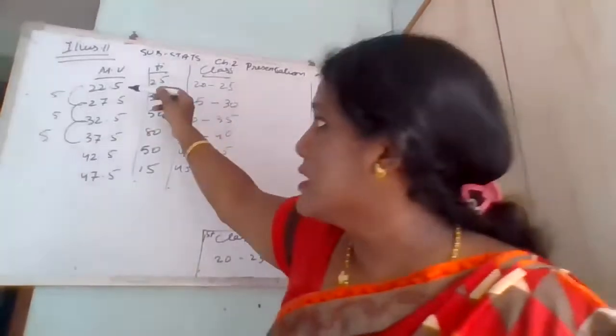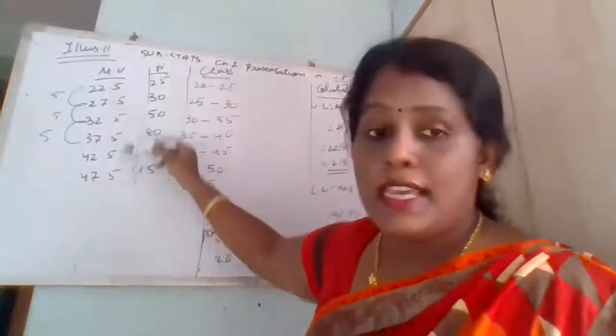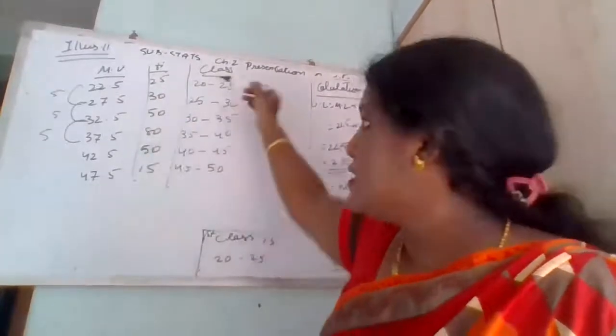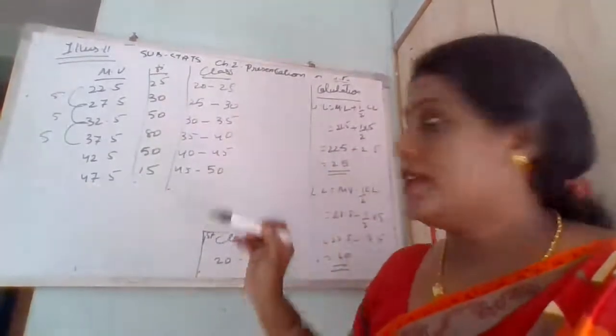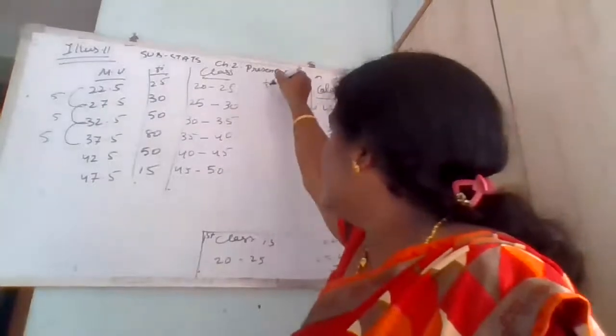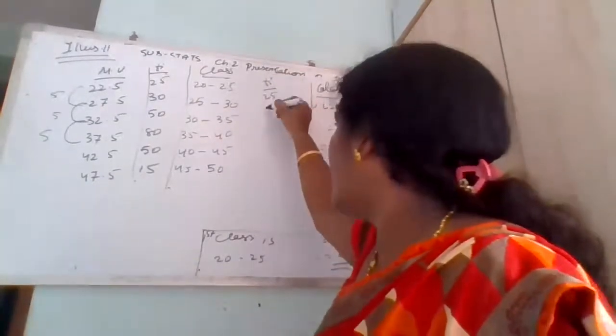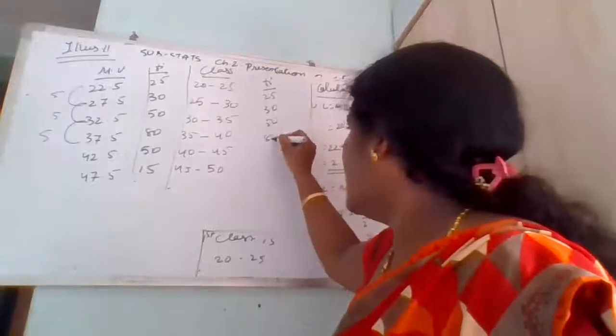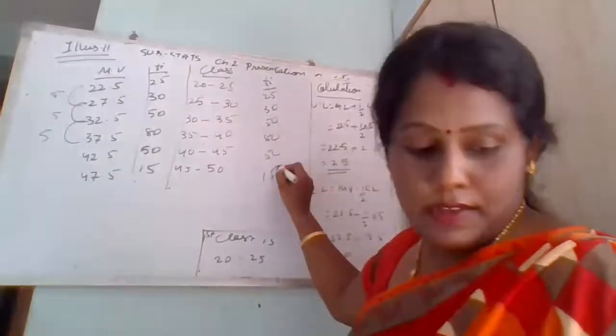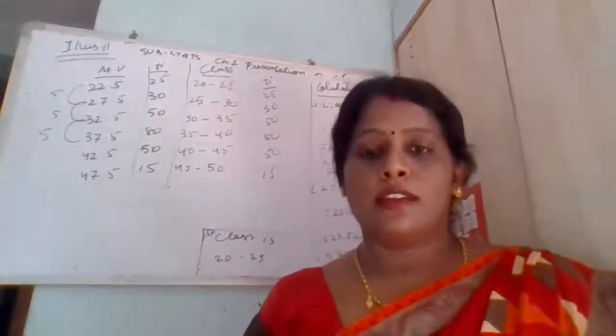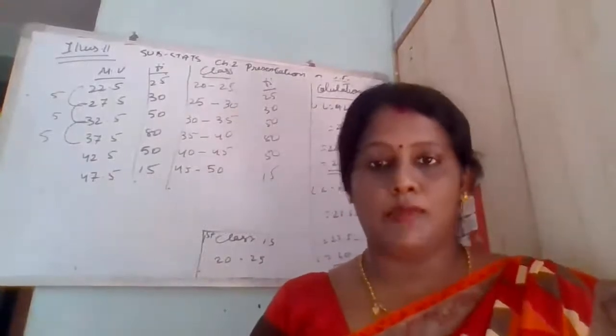Okay, you have to count this 1 2 3 4 5 6, here 6 many values were given, so our class should be 6 only, and frequency will be the same, 25 30 50 80 50 50. So our frequency will remain the same.